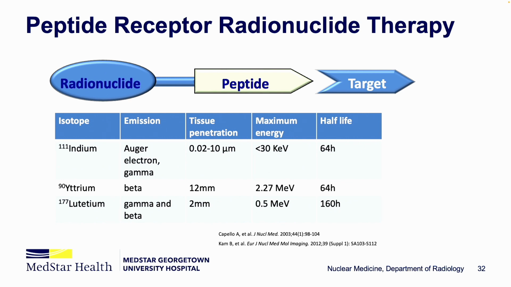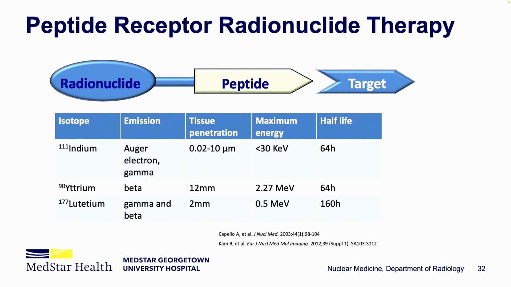The difference between these types of activity is how far the radiation travels into the tissue. So you can see it's 0.02 to 10 microns, 12 millimeters for yttrium, 2 millimeters for lutetium, and the type of energy and the half-life. The half-life essentially dictates how long you have to follow your radiation safety guidelines once you have a treatment with one of these agents.